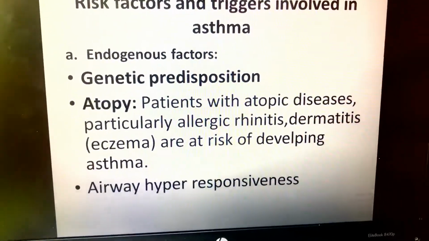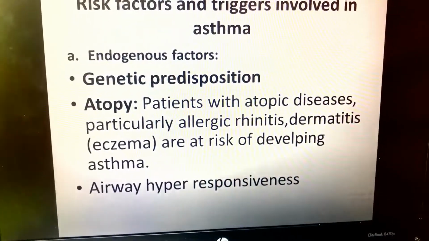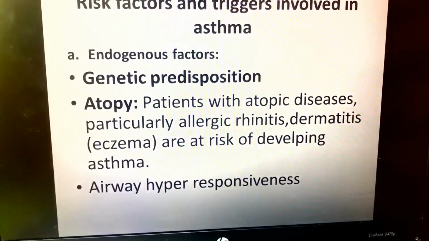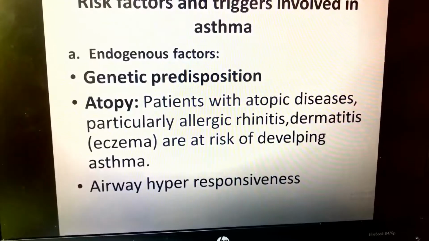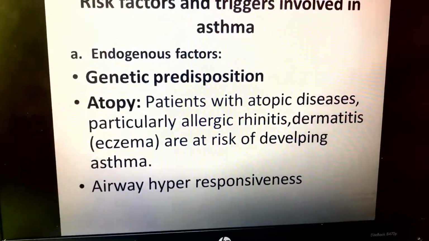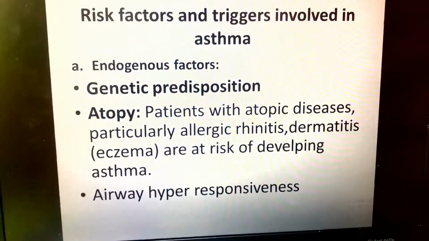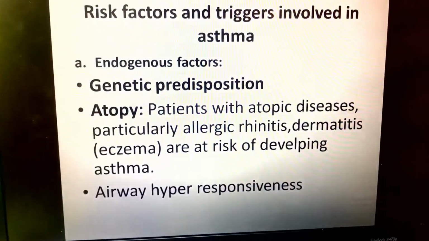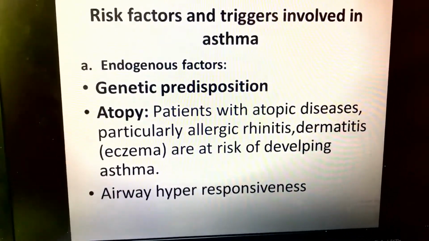So when the body senses the foreign body, it responds by inflammation. What is inflammation? There will be an accumulation of blood at the site.